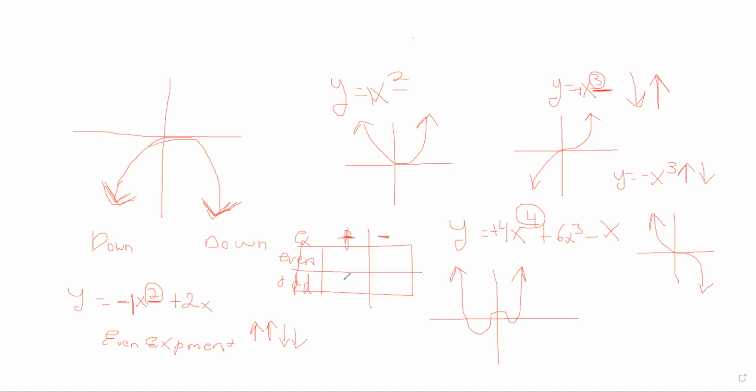If we have an even exponent, it's going to be up for the positive, and for the negative, it's going to be down. For the odd exponent, the positive is going to be down and up end behavior, and for the negative odd exponents, it's going to be up and down.